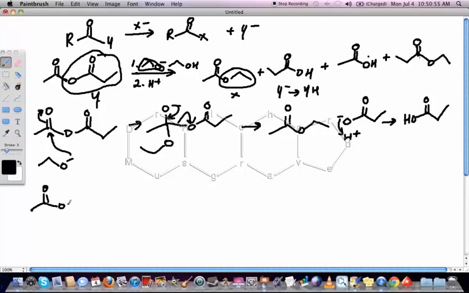Let's take a look at the second set. So again, the O negative comes in, kicks the electrons up to the O, forms another O negative.